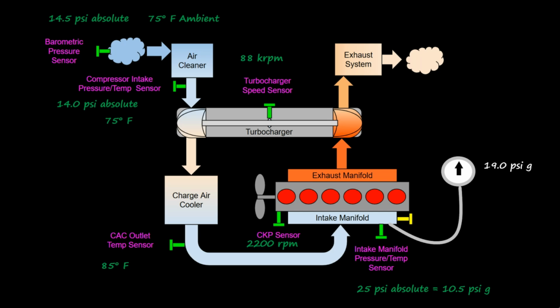This could be due to a sensor issue, or it could be the wiring harness, some problem where we have resistance in the wiring harness, or it could even be a problem with the ECM itself.